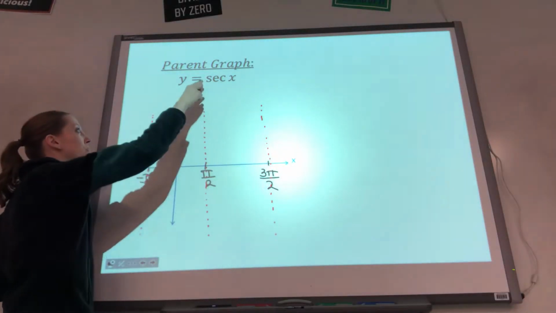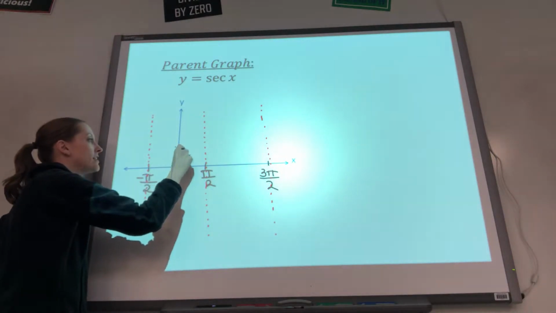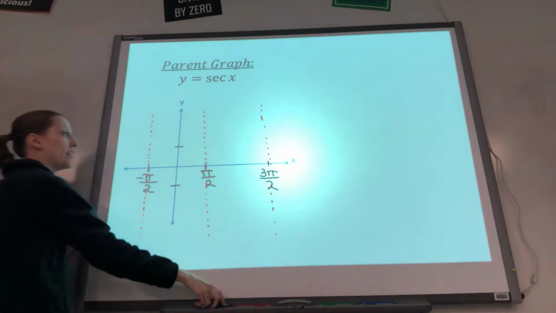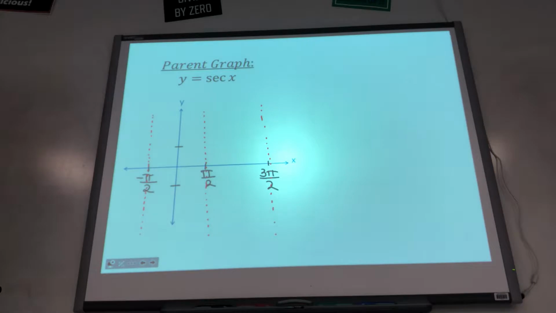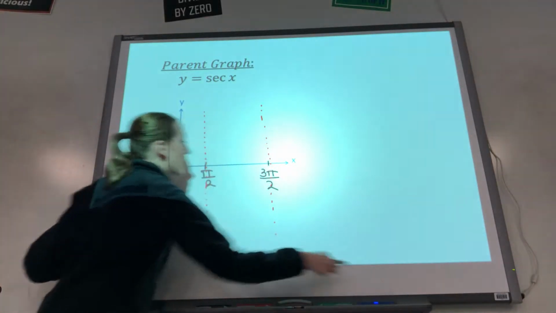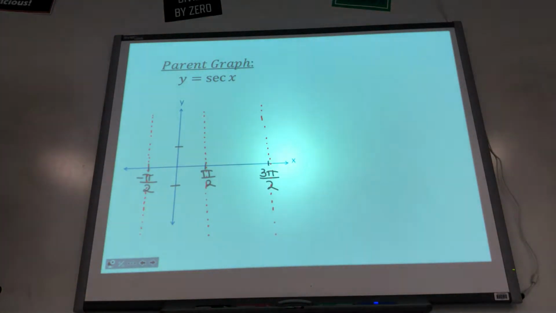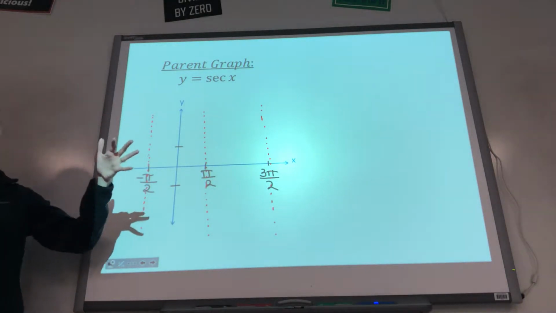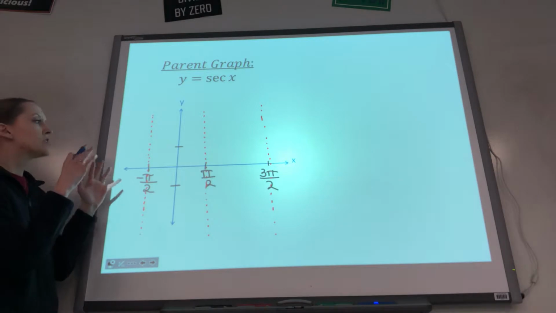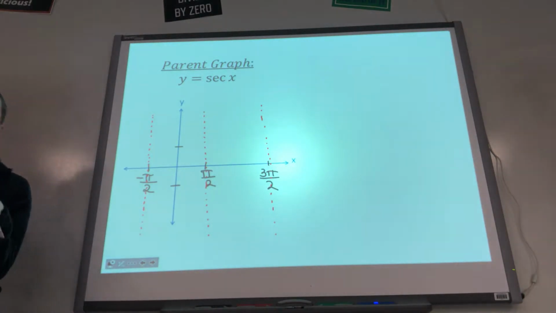Now the amplitude here, it's a parent graph, so the amplitude is just 1. You can just use the lines on your paper for that. And then you'll start to notice that the parent graphs for secant and cosecant are in 2 pieces.